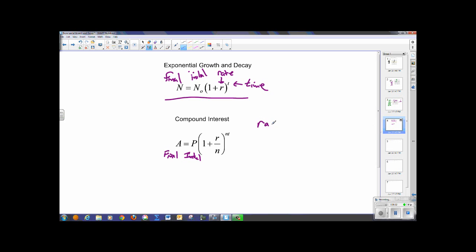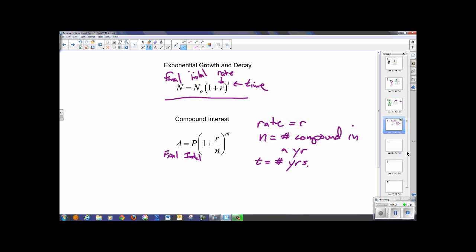R is the rate, typically in a percentage. n is equal to the number of compounds in a year, and t is the number of years.